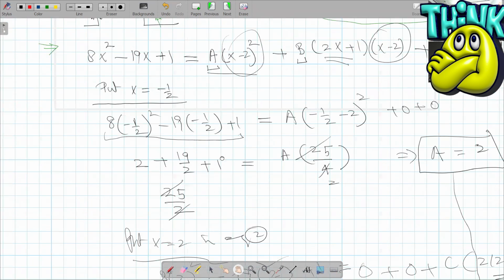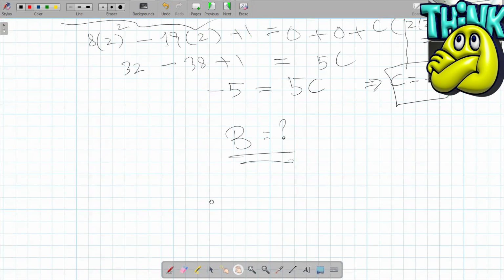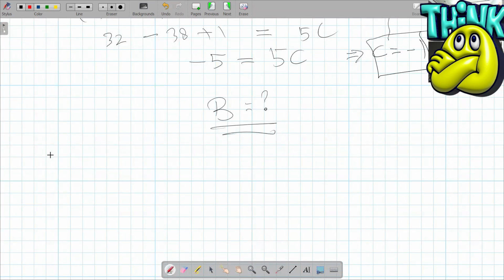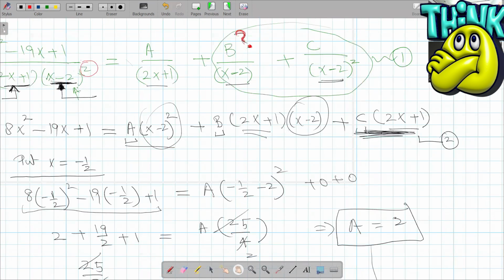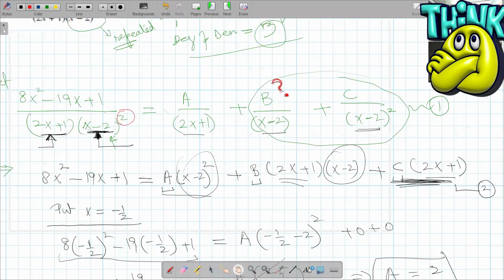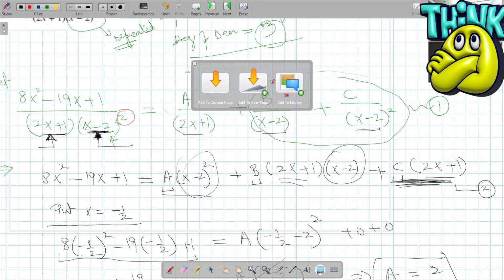So what is the general method? Let me tell you. You should know the general method. The general method is you further simplify equation number two. Let me pick this equation. This is our equation number two.